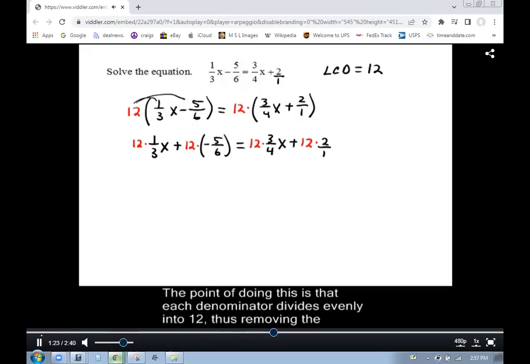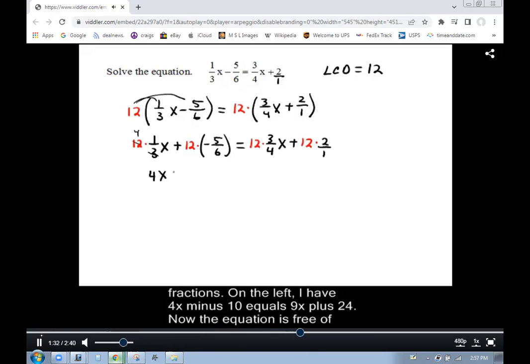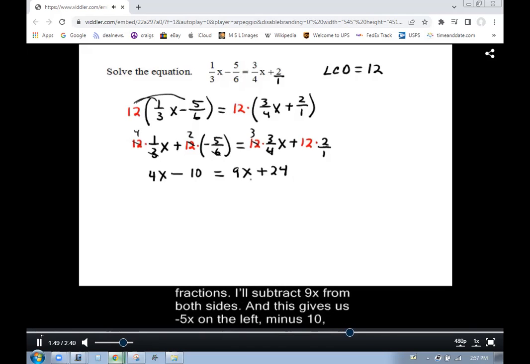Each denominator divides evenly into 12, thus removing the fractions. On the left, I have 4x minus 10 equals 9x plus 24. Now the equation is free of fractions.